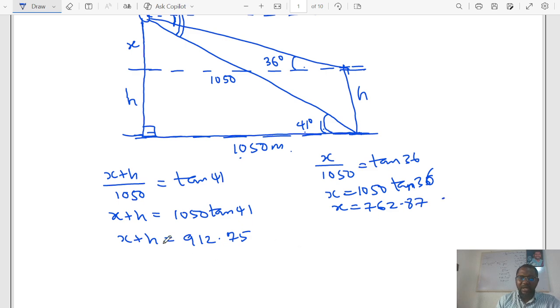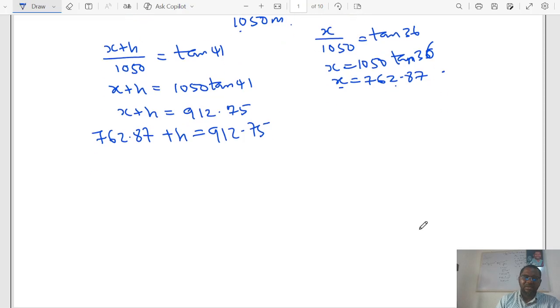Okay, so here we are asked to find the height h. And since x is this, I can find h because I can come here and say 762.87 plus h is equal to 912.75. Wow, life is beautiful. So that means h now is going to be 912.75 minus 762.87.